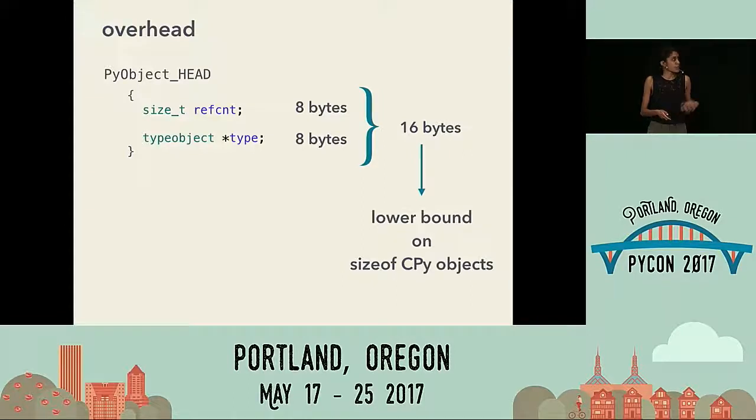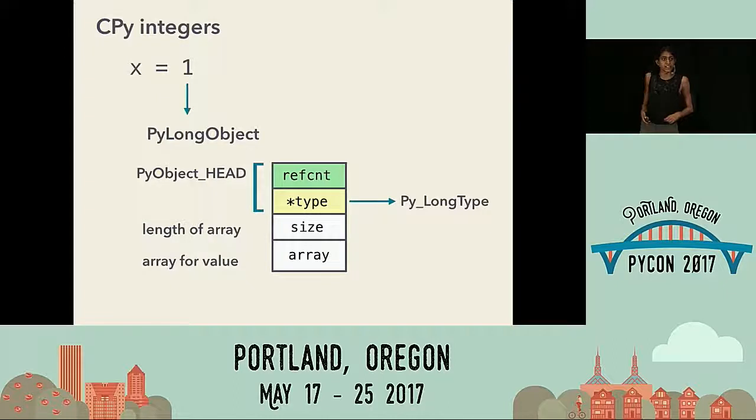Okay, so what do these object-specific fields look like? In the case of an integer, in the case of our x is equal to 1, it stores the value of the integer as an array of digits. So it contains the array, and it also has the length of that array of digits.